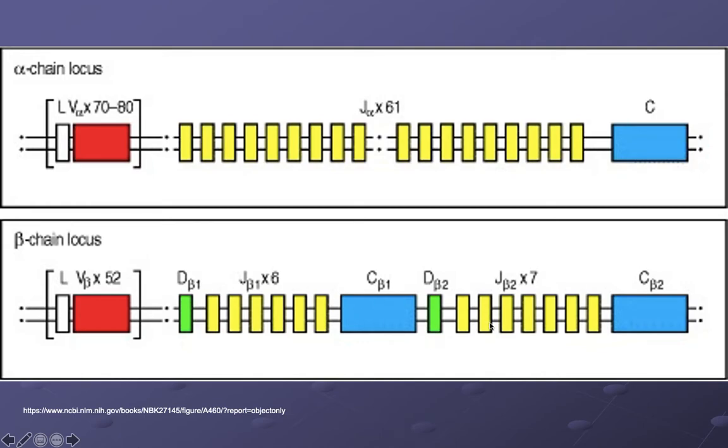And for the J segment, about 6 or 7 beta joining gene segments. And then you can see also the constant gene segments associated with the beta chain locus.